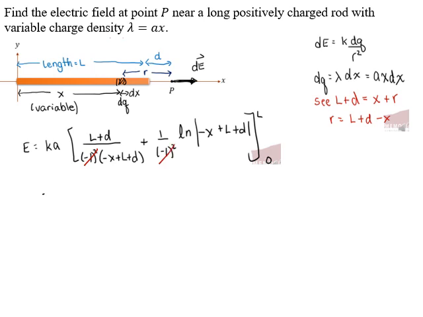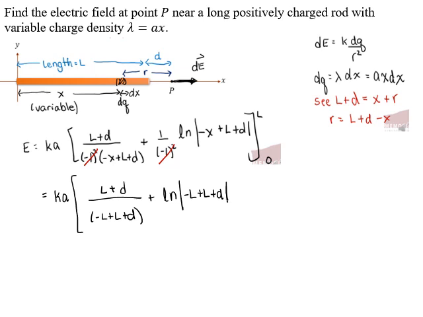In our next line, we'll fill in our x equals L terms and our x equals 0 terms. So we've got Ka outside of L plus D divided by minus L plus L plus D, so we filled in x equals L there, plus natural log of minus L plus L plus D. Let's put a bracket around this.